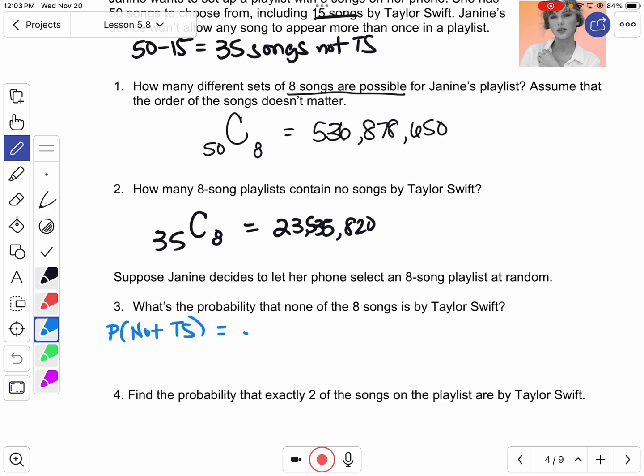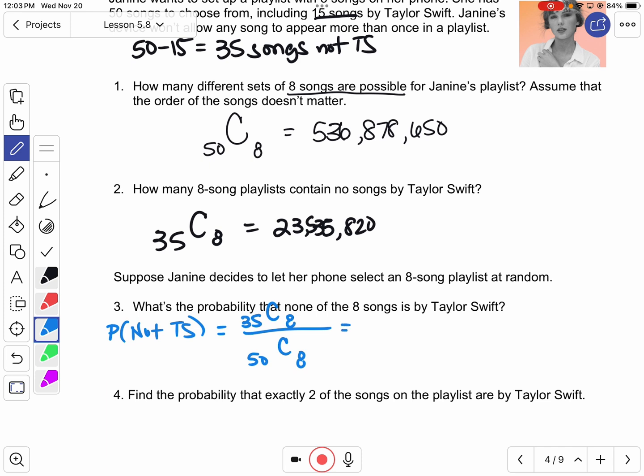First of all, I need to know how many total playlists there would be. That's what we did in number 1: 50, choose 8. And then how many were not Taylor? That's what we did in number 2: 35, choose 8. So that's how I would set it up.